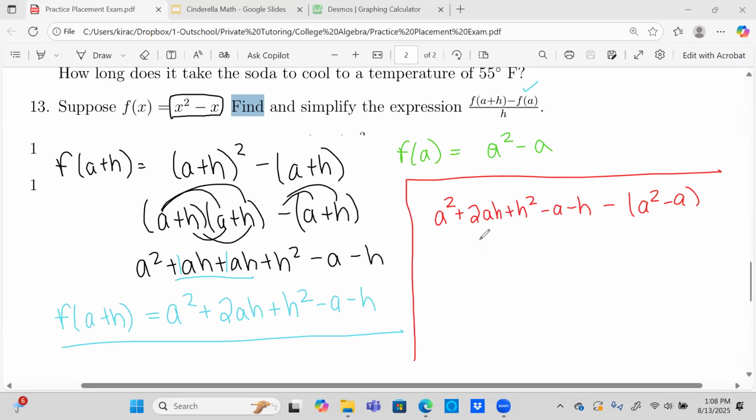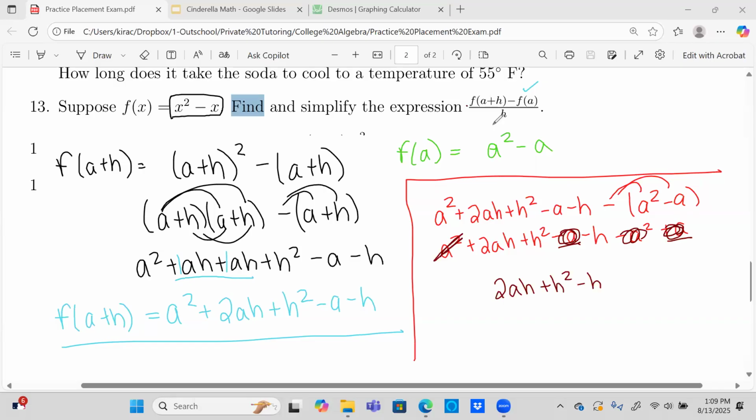And I'm ignoring the bottom for a second. So I'm in the red. This is all just going to copy down, distribute this negative. Does anything cancel there off the red one? A squared minus a squared and negative a plus a. So we are left with 2ah plus h squared minus h, and this whole time it's been over h.